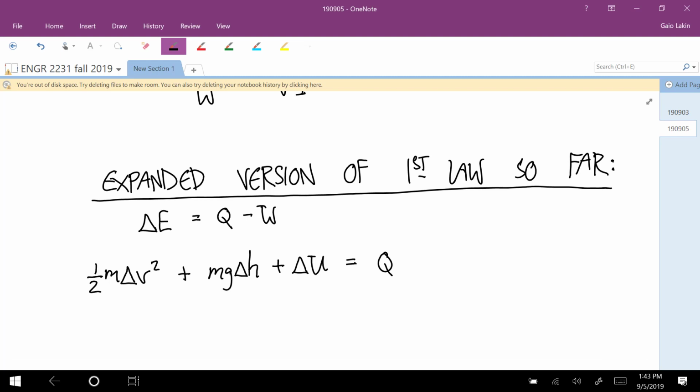And now W, we have minus the integral from volume 1 to volume 2 of P dV.